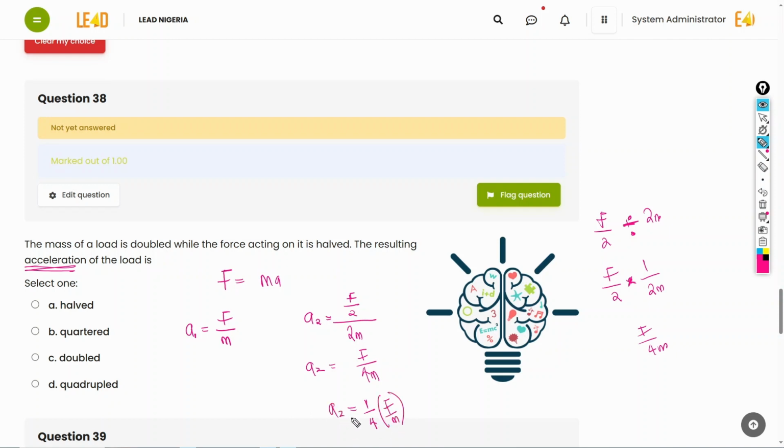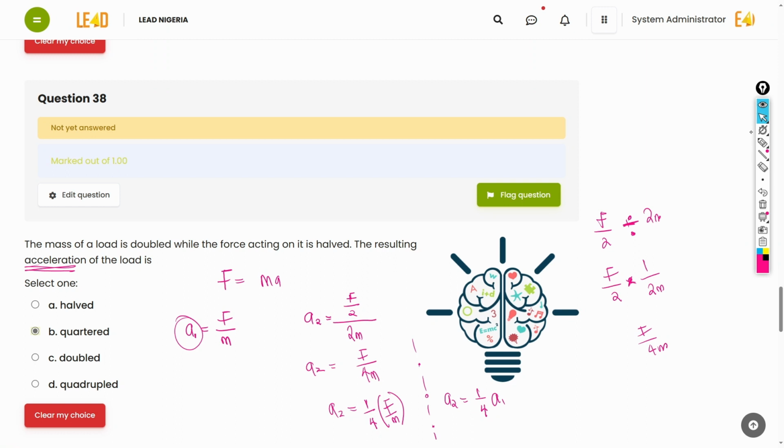So A2 is equal to 1 over 4 of what? F over m is A1, so A2 equals 1/4 A1. That means in doing this, the acceleration has become a quarter of what it was.